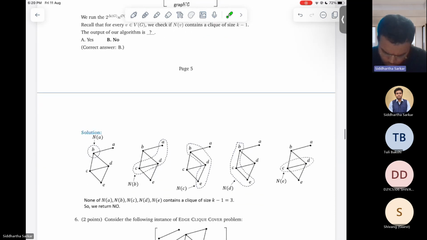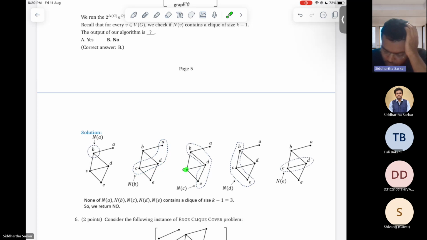So what was the reduction rule? We looked at the neighborhood of every vertex. In the neighborhood of A, we have only this one vertex, so this is not a clique of size 3. Again, in the neighborhood of B, we have 3 vertices, and they're not forming a clique of size 3.